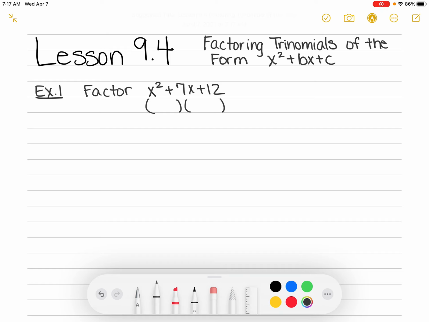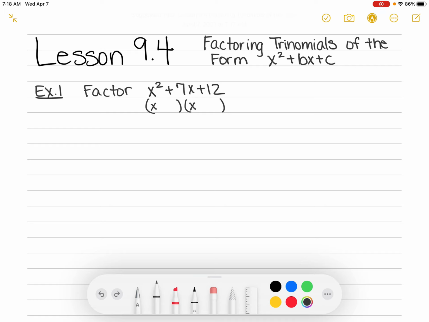Always do what I told you at the last Zoom meeting: make sure you can't factor something out of all of this, which I can't here, since there's no number or variable that factors out. But I do already know my first terms, and that's x and x, because I have an x squared here, so it's going to be x times x.